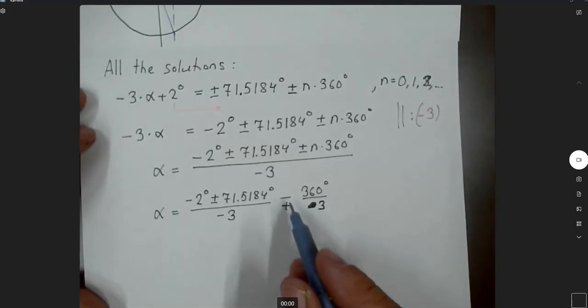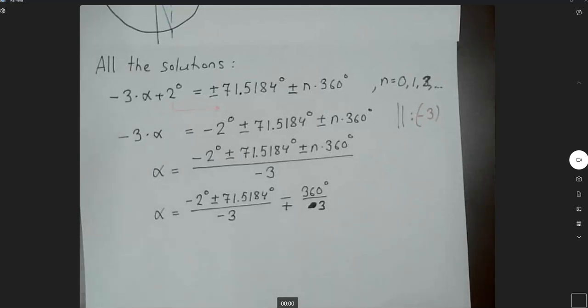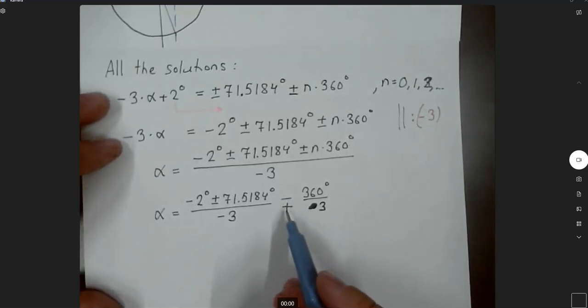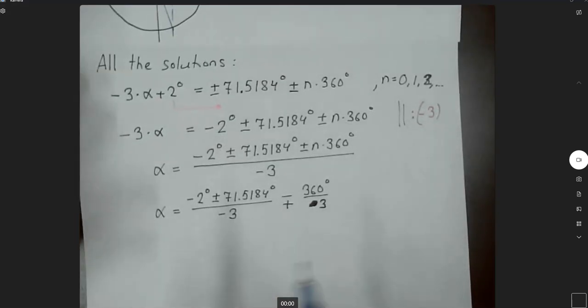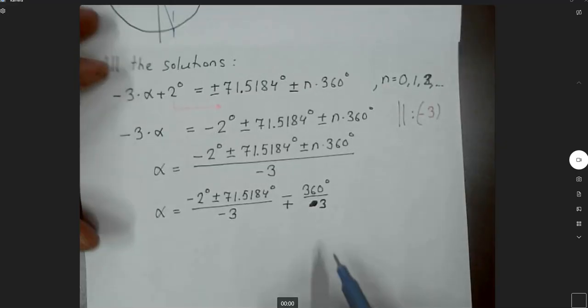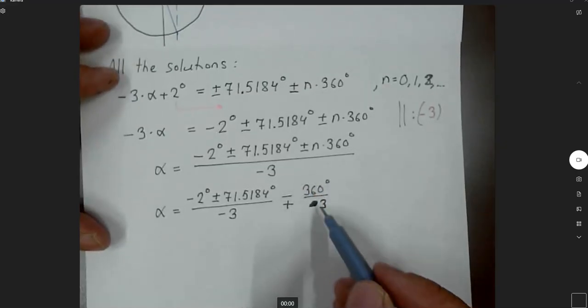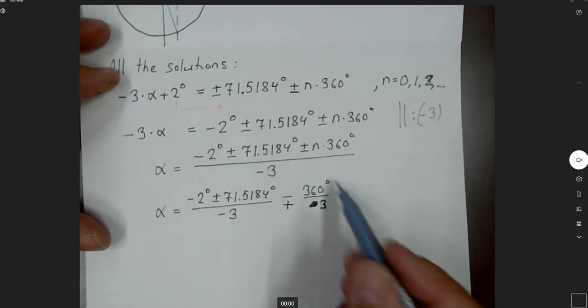Well, this doesn't change the solution at all. In the final answer, I will change the order again to plus minus, because you can take minus or plus the value of this angle, which in this case is 120 degrees.